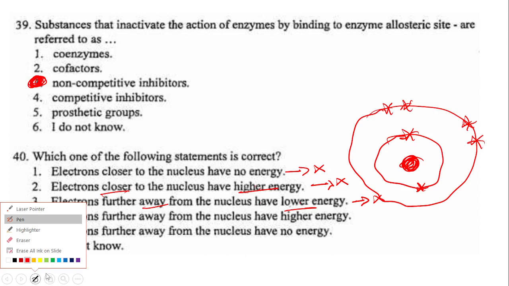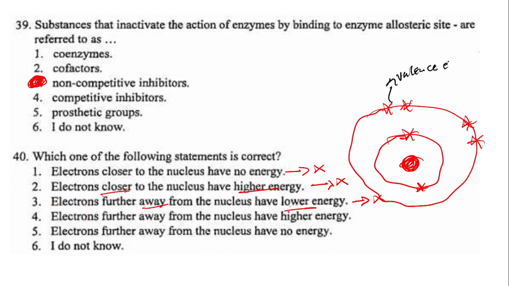These are valence electrons. And then these ones are called the core electrons. If you analyze closely, these guys have lower energy.